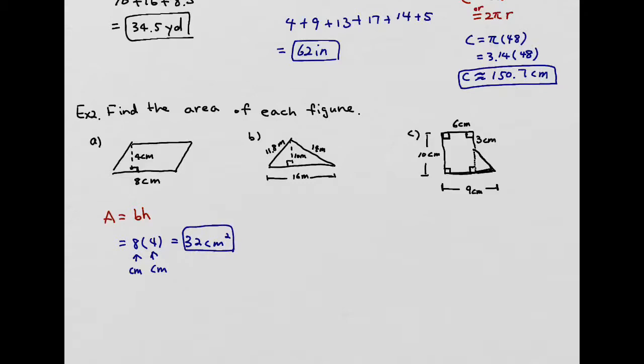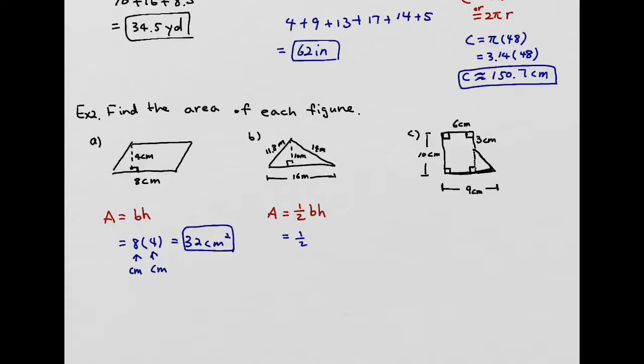And then B, if you look at the notes or textbook, the area of a triangle is 1/2 times base times height. So when you want to find the area of the second shape, 1/2 is just 1/2.